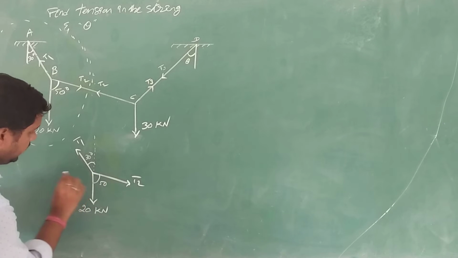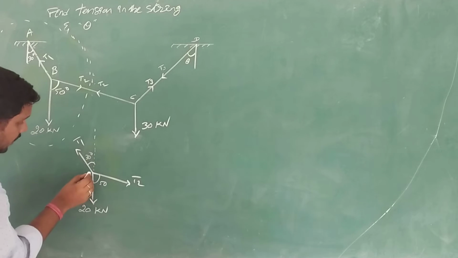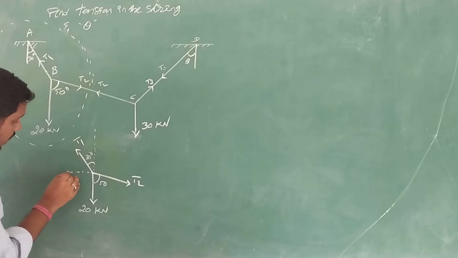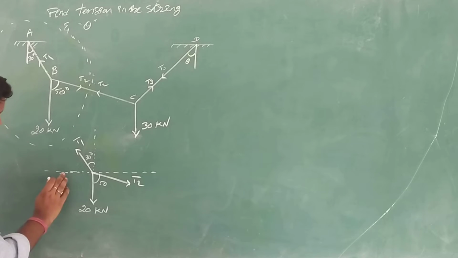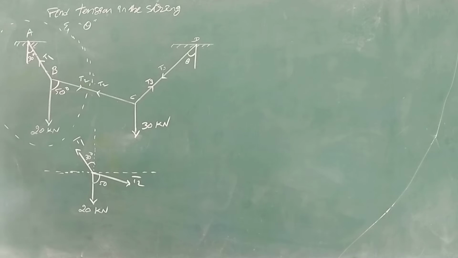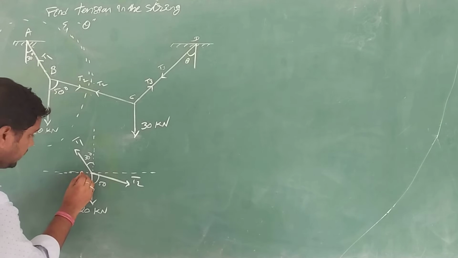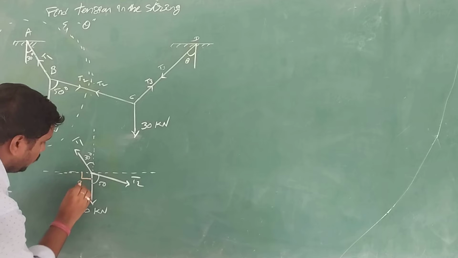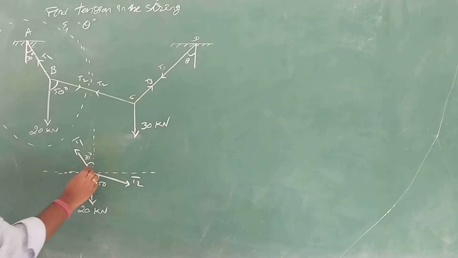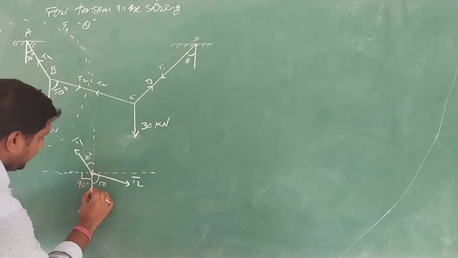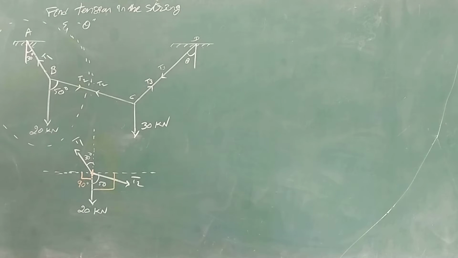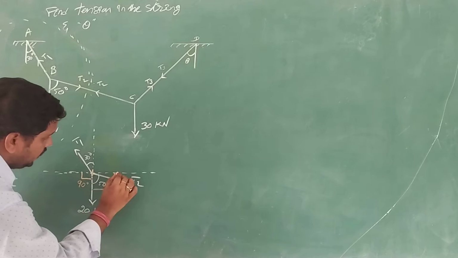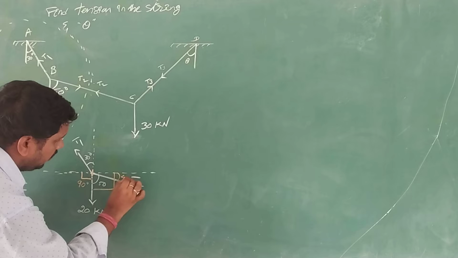How to find it? I am going to extend a horizontal line. So there's a vertical axis and a horizontal axis. This is pure 90, no doubt in that. Since they are horizontal and vertical, this is my 90. Even from here to here, it's 90, but the given angle here is 50 degrees, so this will obviously be 40.